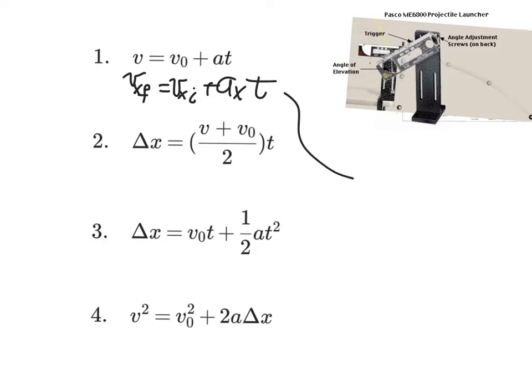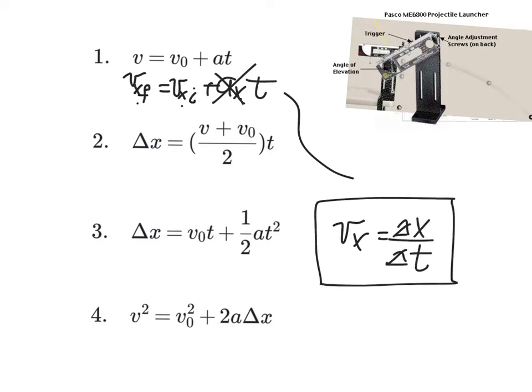So when you do projectile motion, with these equations, you have to remember ax is 0, and so Vx final equals Vx initial. The only equation that you will use is Vx equals delta x over delta t, or any rewrite of that. So there's only one equation for the x because ax is 0.